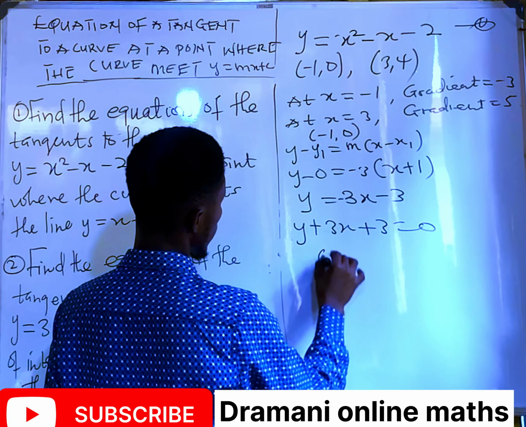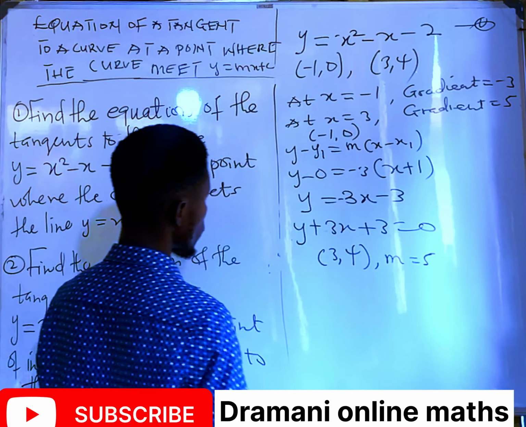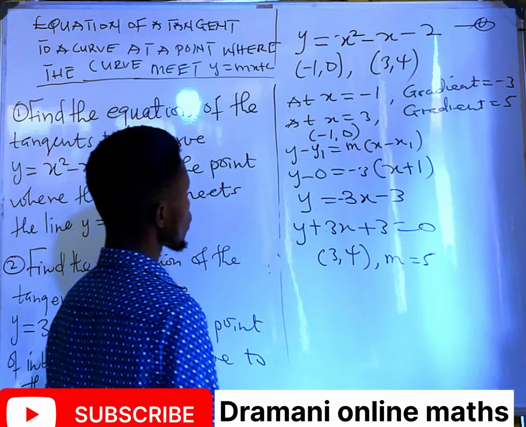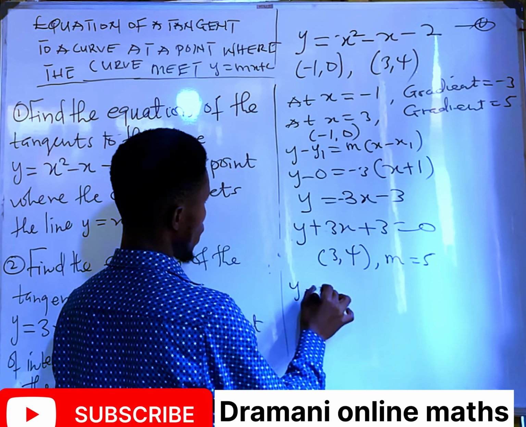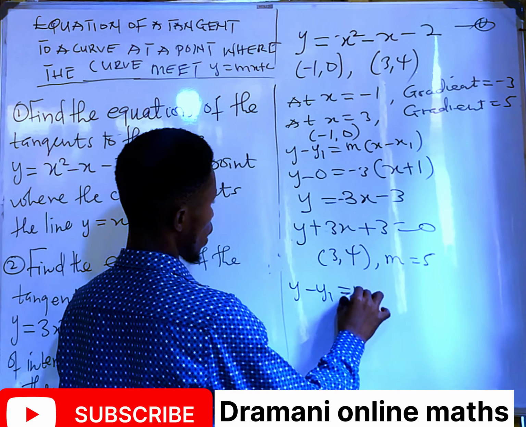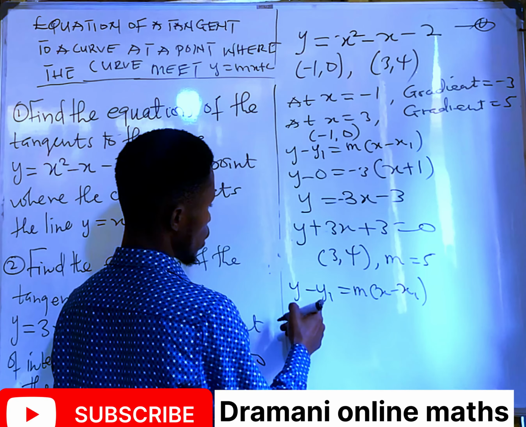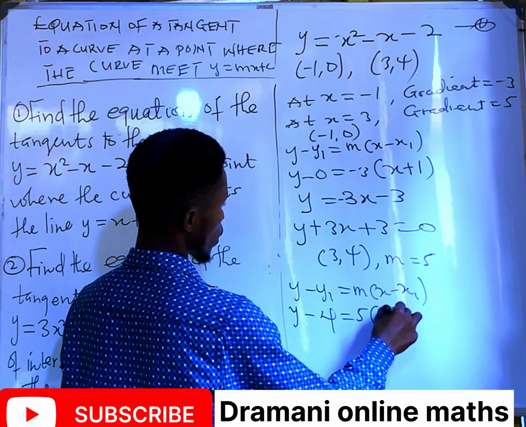Now let's look at the point 3, 4. You know that the gradient at that point is 5. So that one is going to be y minus y1 equals m times x minus x1. So I have y minus 4 equals 5, that's the gradient, times x minus 3.